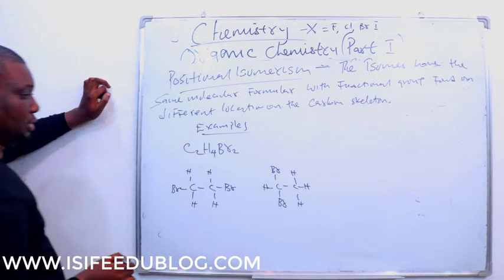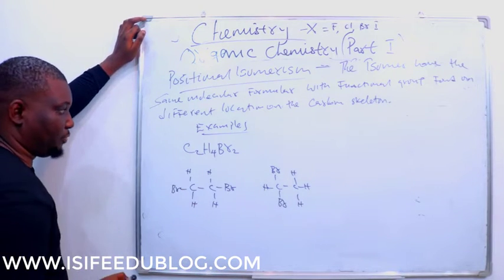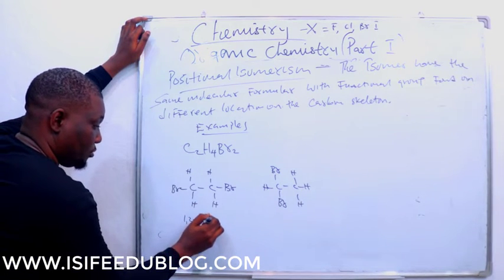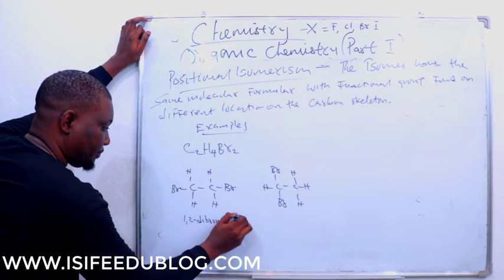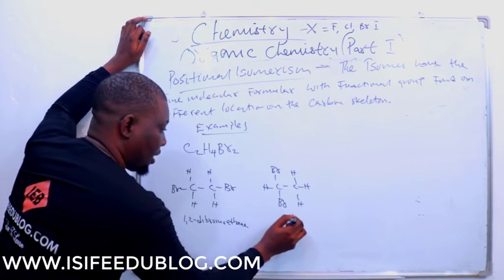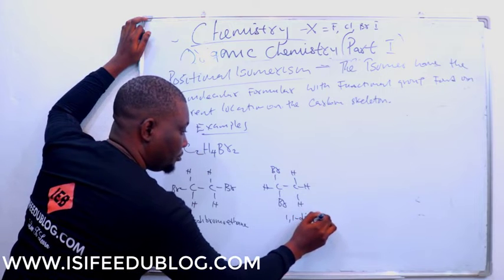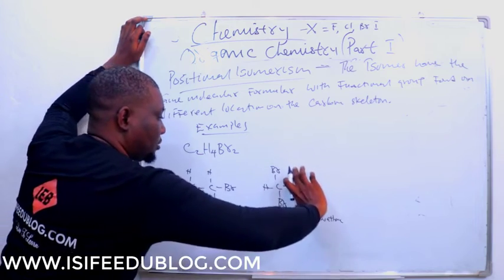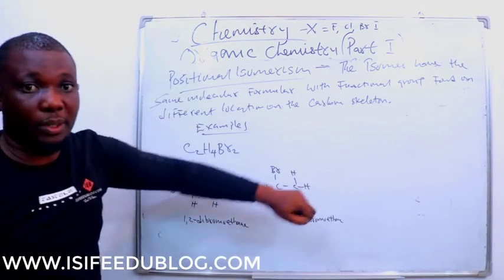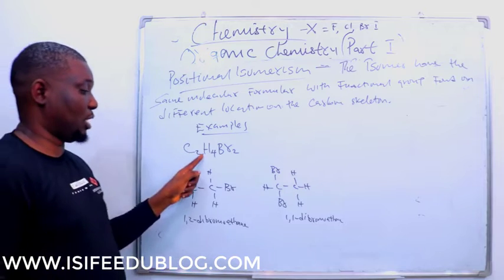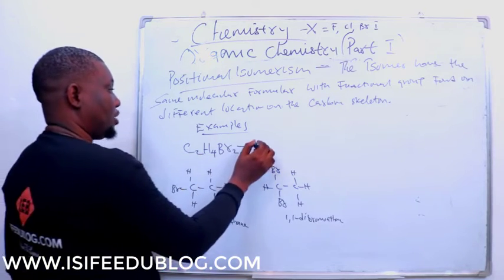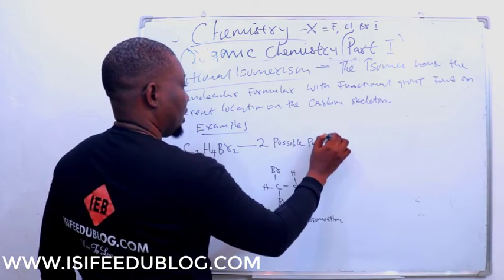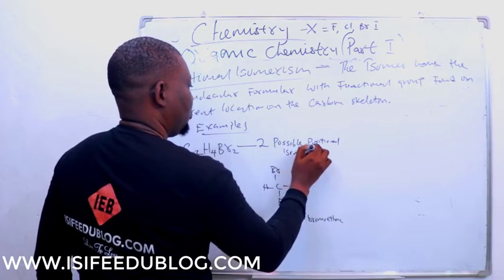Bromine is being found in different locations. So how many possible isomers can you obtain from this organic compound? The first one is 1,2-dibromoethane. And the next one is 1,1-dibromoethane. What if I choose to put these two on this point? It is still 1,1. So a hydrocarbon with this molecular formula will only have 2 possible positional isomers.